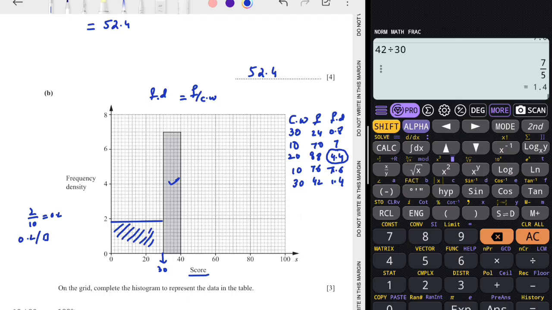So 40 to 60 is this one. The width is 4.2 and the height is 4.4. So your rectangle would be drawn here.